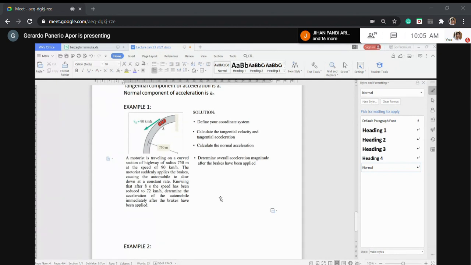It's not good if you're running at 150 km per hour and then suddenly you turn to the right or to the left, your vehicle may roll over. Why? Because of the change of acceleration. So there should be a safe speed limit for every curve.